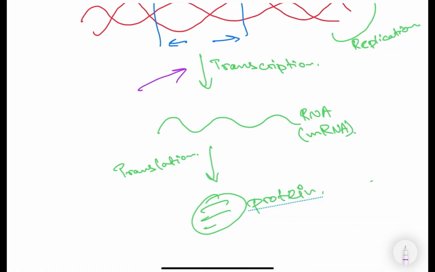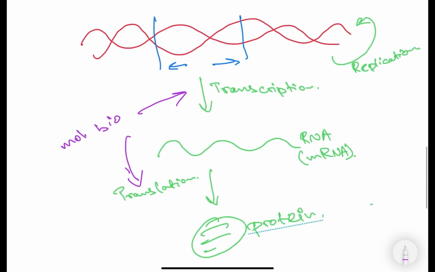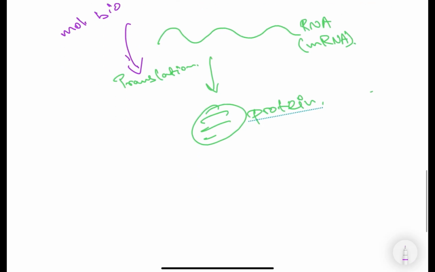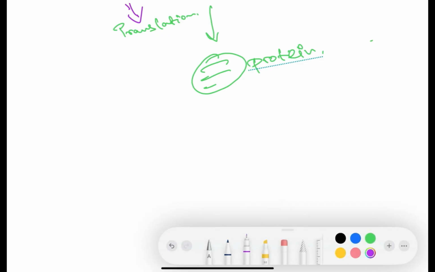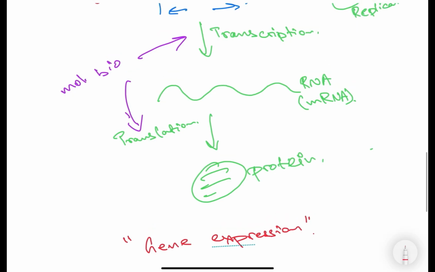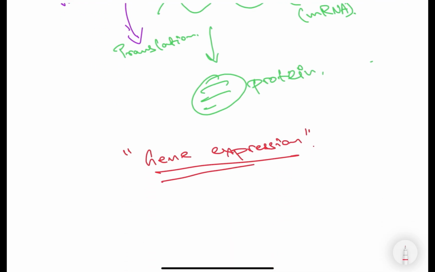These two processes will be discussed in mol bio. And the expression of a gene, like the gene till the protein, if the protein formation has taken place, we call that gene expression. That is expression of a segment of DNA to its protein, it's called gene expression.